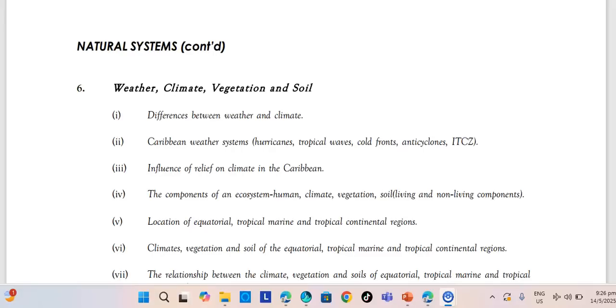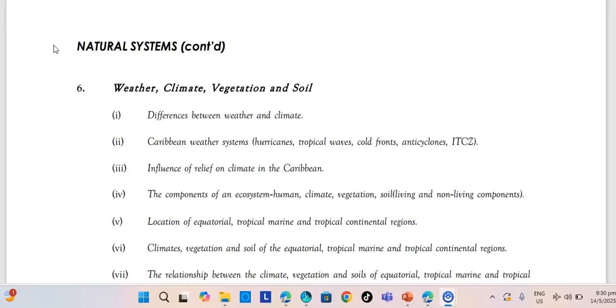Now we're going to look at the components of an ecosystem: human, climate, vegetation, soil, living and non-living components. An ecosystem is a place where living and non-living things work together to survive and grow. Living components are the things that are alive in the ecosystem.